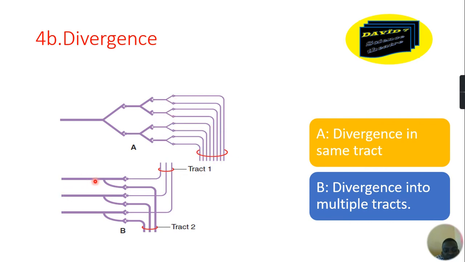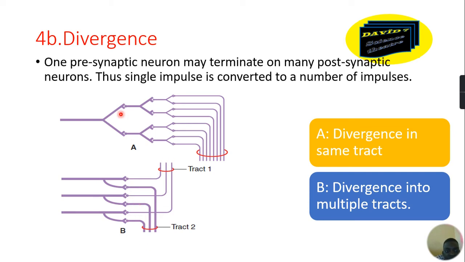Here we are having divergence to form multiple tracts. All that is divergence. But in divergence, what we're looking for is that one presynaptic neuron may terminate on many postsynaptic neurons. That single impulse is converted into a couple of impulses. You get? So that is it.